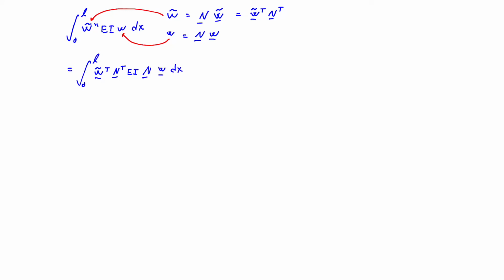Now, separation of variables tells us that w tilde is only a function of time, whereas our shape function contains the dependency with respect to x. Therefore, we can take our degrees of freedom vectors outside the integral, and we will have w tilde transposed and the integral from 0 to L. Let's utilize, in this case, that the bending stiffness is constant, and organize it a little differently, like this, and we have w as a function of time, which is a vector behind the integral.